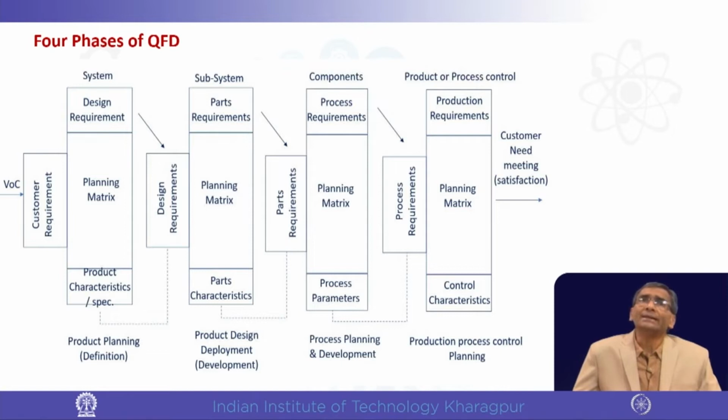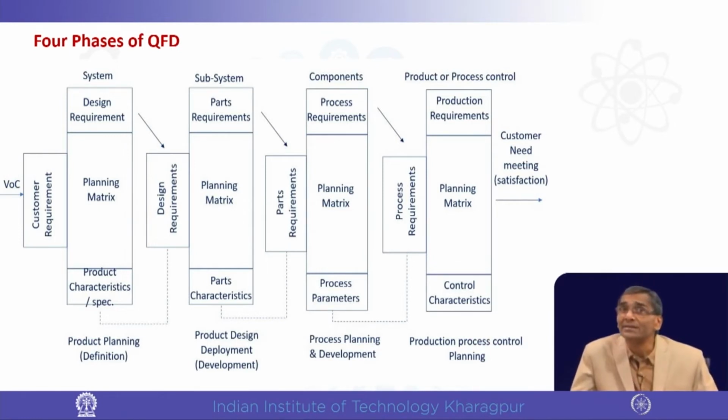Now, the design requirements that we have specified from the first matrix will be put on the second matrix, and then the design requirements will be attempted to be achieved through the part requirements. This matrix gives some part characteristics, and these part requirements will be put in the input, and the process requirements will be attempted to match, and a matrix will be formed.